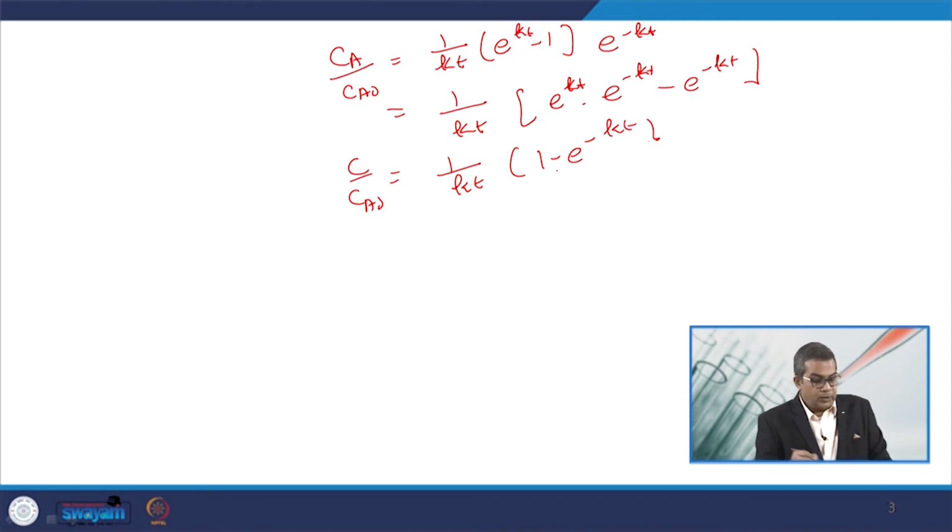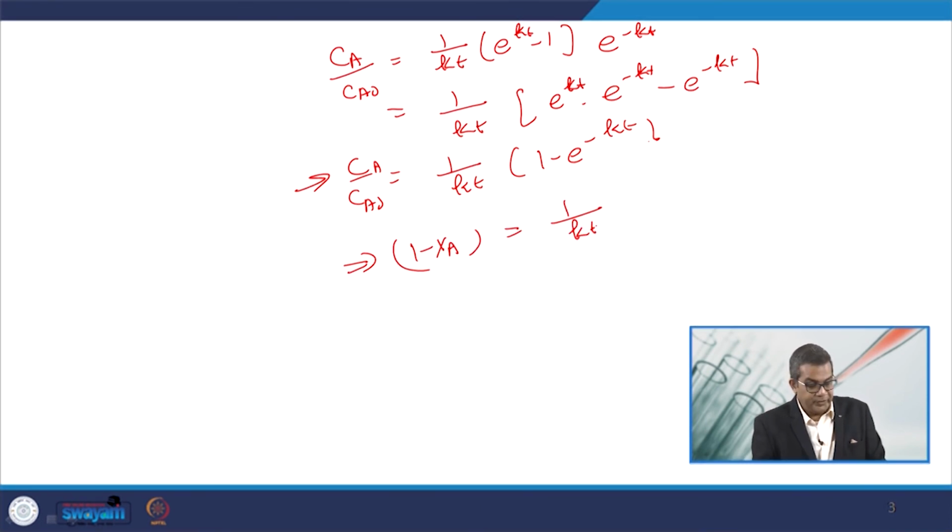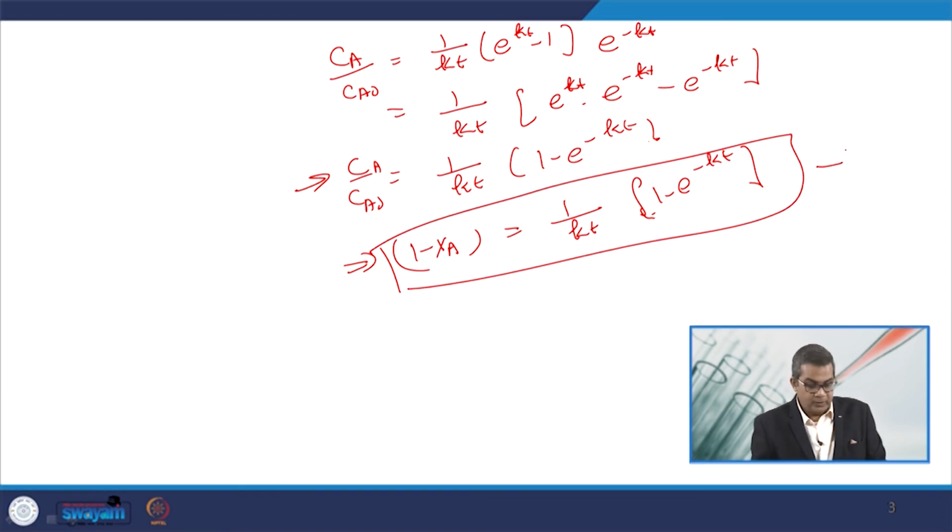So CA/CA0 is equal to 1/kt times (1 minus e to the power minus kt). If we put the value of CA/CA0 in terms of conversion and rearrange, then this equation becomes 1 minus XA is equal to 1/kt times (1 minus e to the power minus kt). So this is my equation number 4.